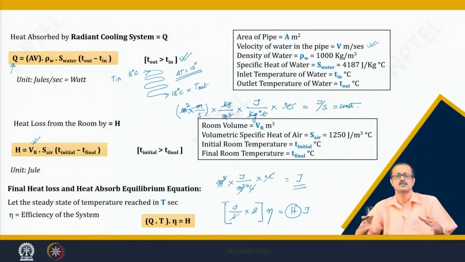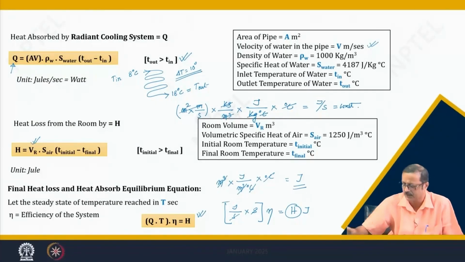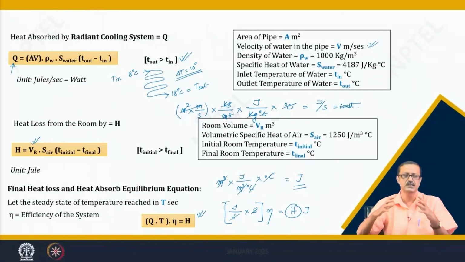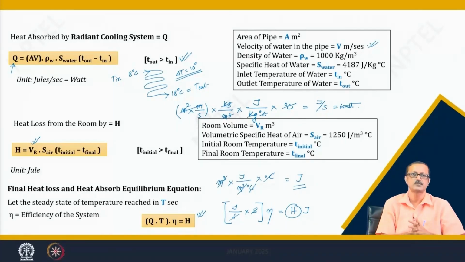So, the unit on both the right hand side and the left hand side will balance. Finally, my mathematical modeling equation on radiant cooling will be Q into capital T into eta, the efficiency factor, must be equal to the heat that is going to be lost by the particular space. H and Q can be computed by virtue of these two equations.